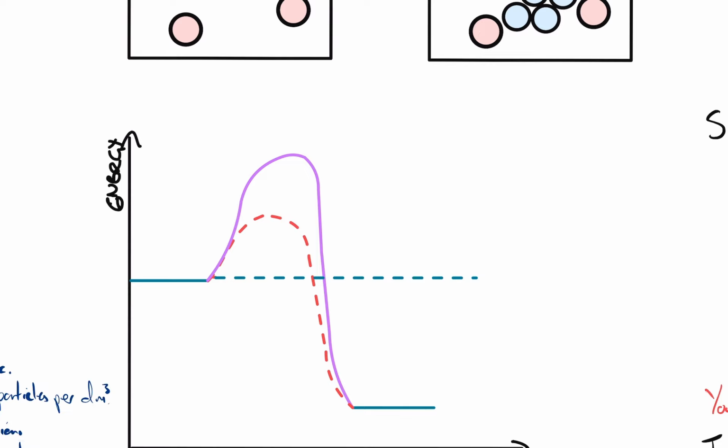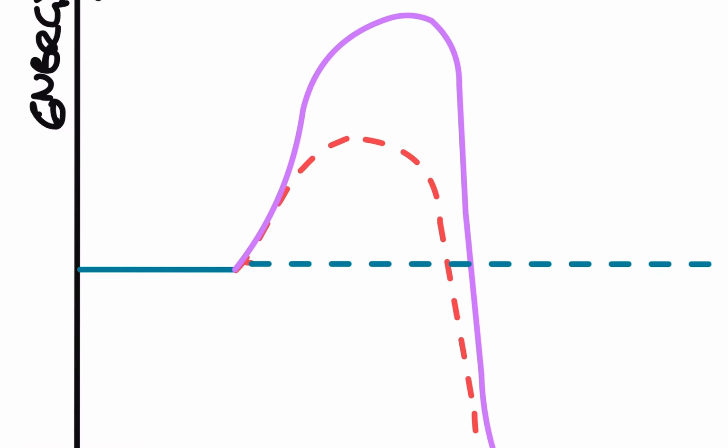Last one. So here, our purple line represents no catalyst. And our red dash line represents when we do have a catalyst. And I'll just label the segments of this. So here we've got our reactants.